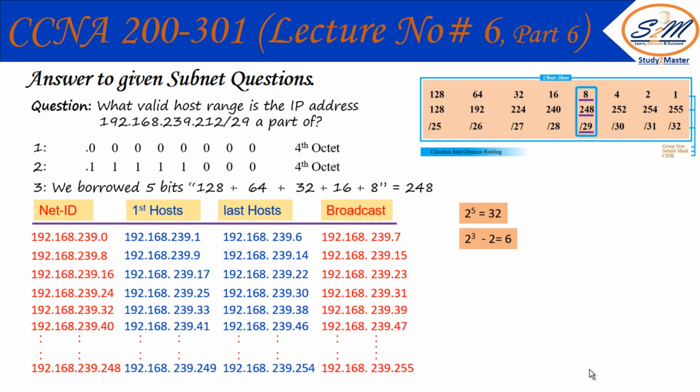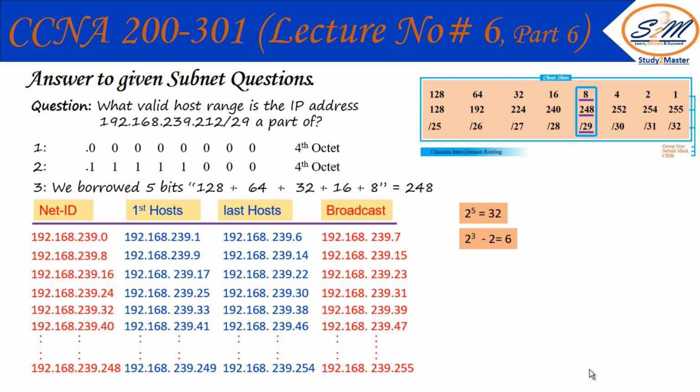It means the 5 bits of the fourth octet are changed to 1, and just 3 of them are left as they are, which means 0. The 0 portion indicates the host portion, and the ones indicate the network portion. So 2 to the power of 5 indicates 32 networks, and 2 to the power of 3 minus 2 gives us 6 usable IP addresses in each network.